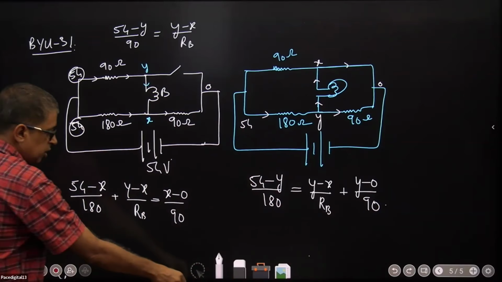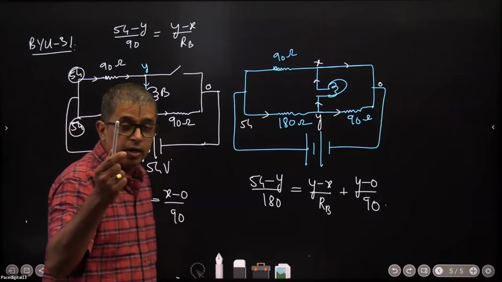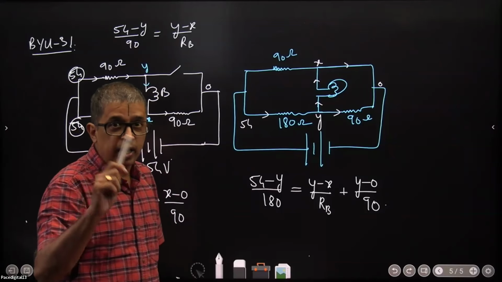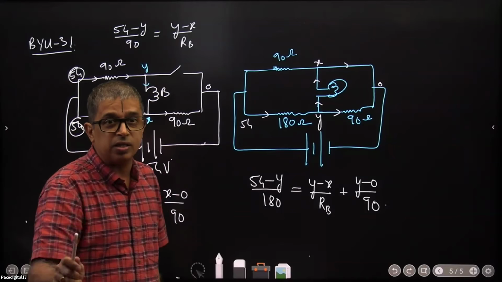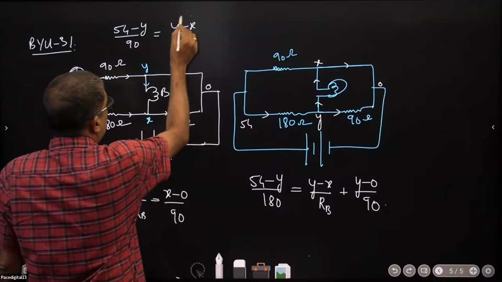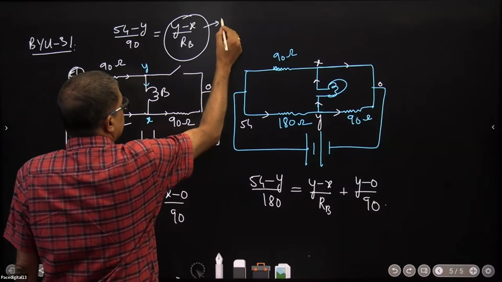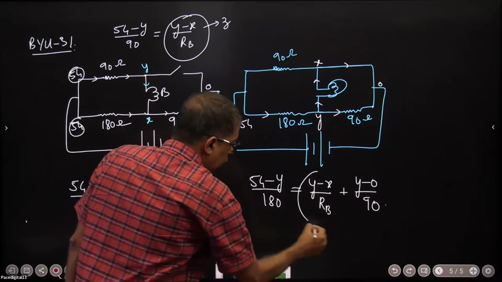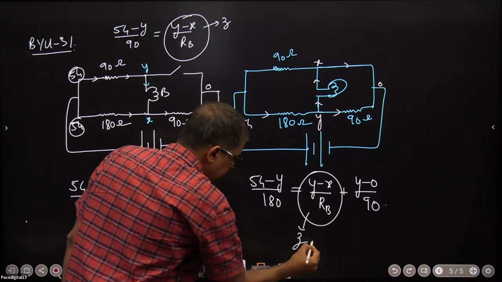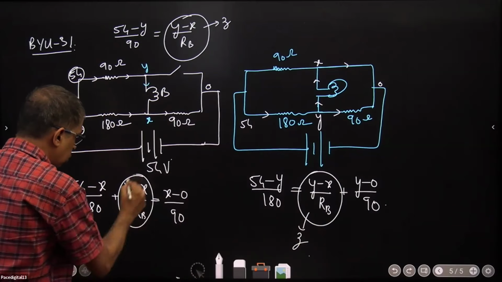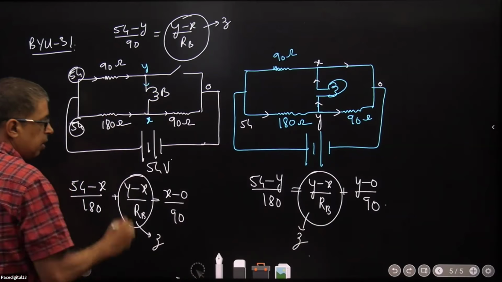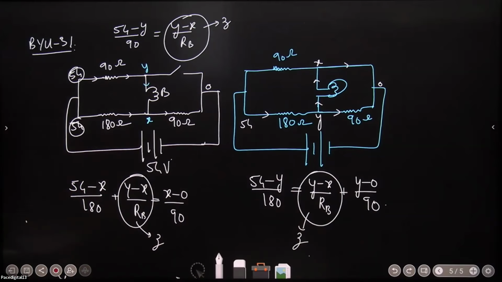Now, I would suggest in the process of simplification, if you use X, Y, RB as three variables and simplify, you will be in trouble. Call whole of this as some variable called Z. Now simplify, your life becomes simpler.